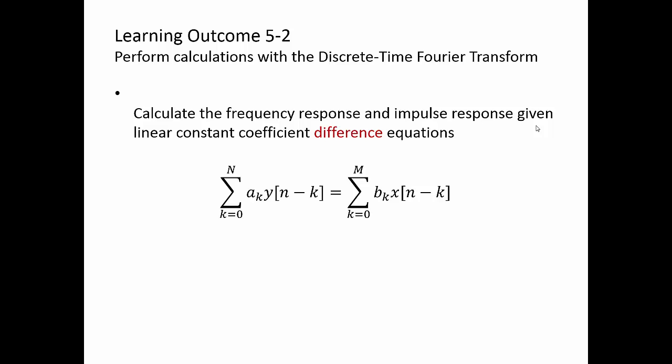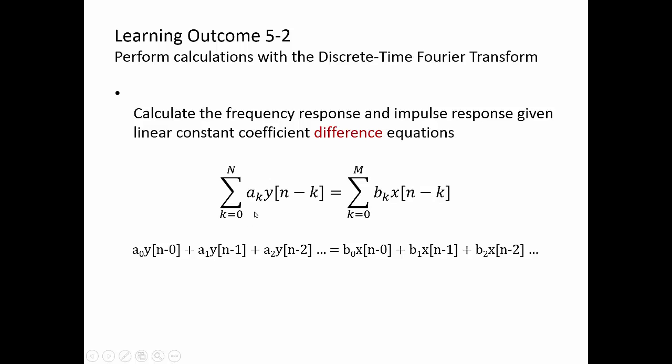We discuss that in lab. Just to make sure you're working with this okay, expand those summations. For each of these, k goes from 0, 1, 2, up until n. Here it ends at 2, but it goes until some arbitrary n. On the right side, again the k starts at 0, 1, and then 2, until some arbitrary m. So for instance, if we have this, it's in this form.